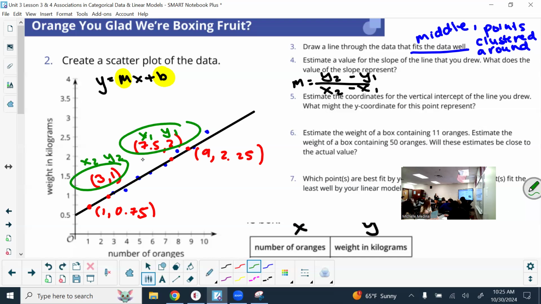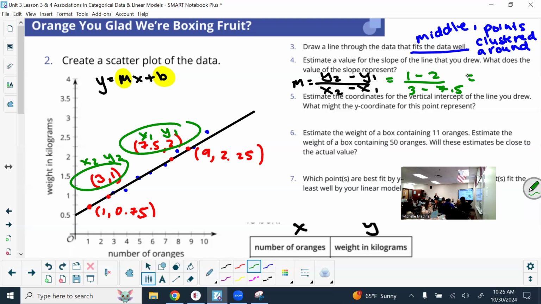So if I'm labeling it this way and plugging it into my formula, my y2 is 1, my y1 is 2, my x2 is 3, and my x1 is 7.5.